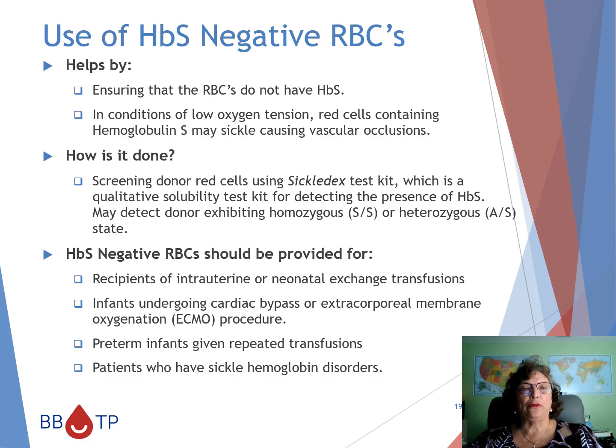They're already dealing with the whole hemoglobin F situation. You don't want to be contributing more to the problem by giving hemoglobin S positive units. Screening is done using a SickleDex test kit, a qualitative solubility test detecting whether the donor is homozygous or heterozygous for hemoglobin S. If positive for either one, they are removed from the system and not given to these patients.